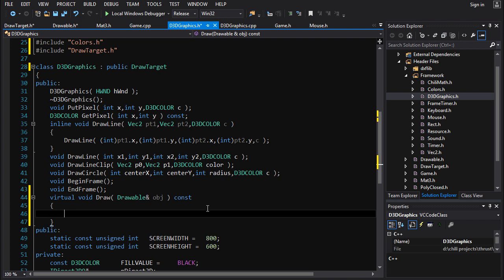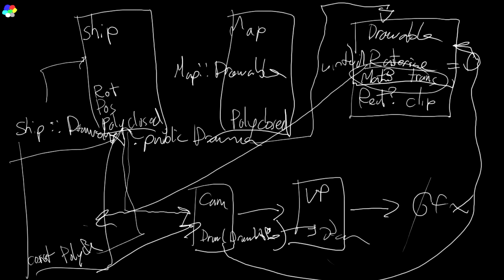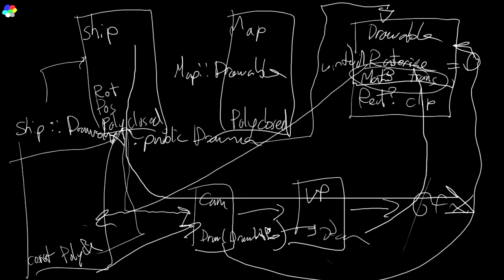I sometimes do that. But this D3D graphics is going to be the end of the line for our drawing situation. We're going to go from here, and there's the end. And at graphics, we call rasterize. Rasterize right there.